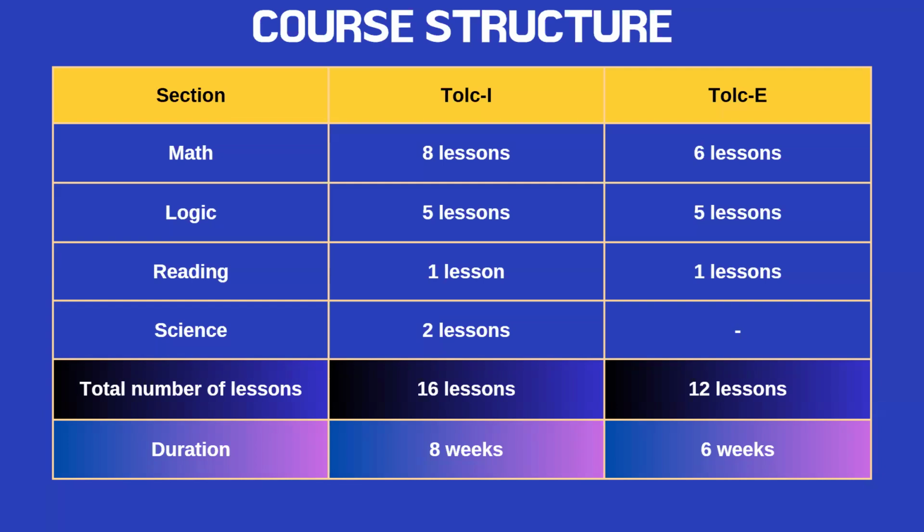You will watch the recordings, then come to the live lessons and practice real questions. For TOLC-E there is no science, and the duration of the course is 8 weeks for TOLC-I and 6 weeks for TOLC-E. For TOLC-E, 1.5 months is more than enough for preparation, and then you can start doing your tests.